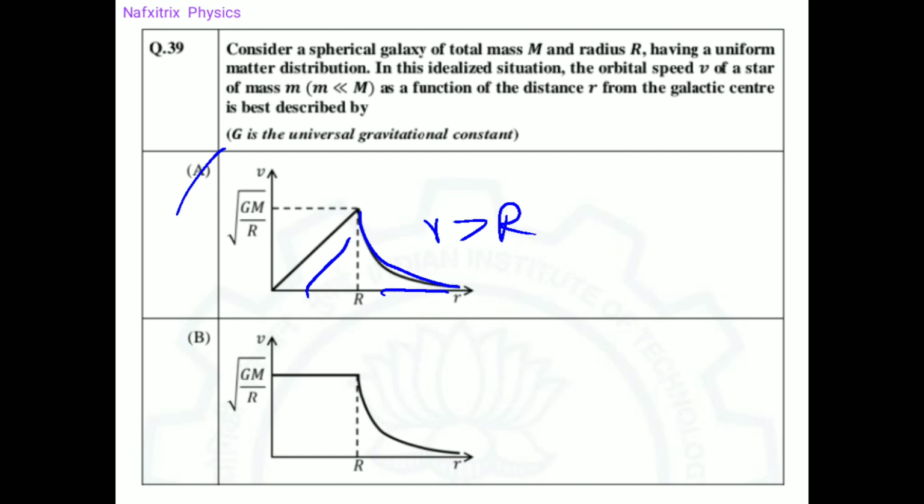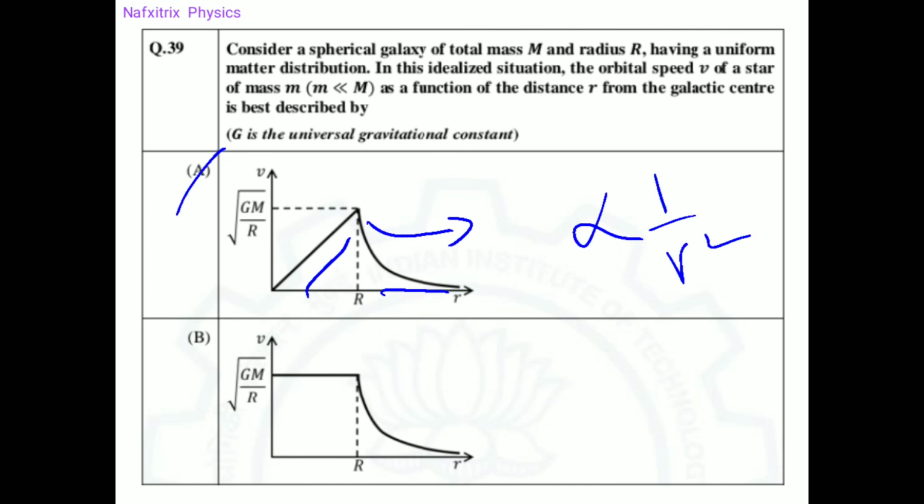So this is the appropriate answer for this question. That means as the star moves farther away from the galaxy, its orbital velocity decreases because the gravitational pull decreases, since the force of attraction is inversely proportional to r square.